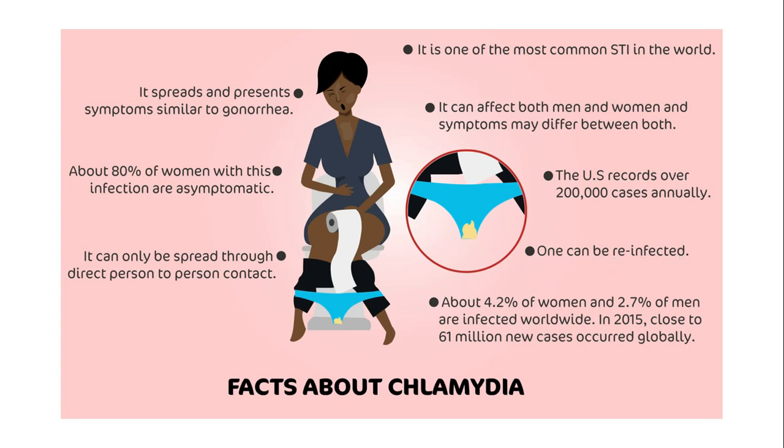It can only be spread through direct person-to-person contact, and about 80% of women with this infection are asymptomatic, which means no symptoms. It spreads and presents symptoms similar to gonorrhea.